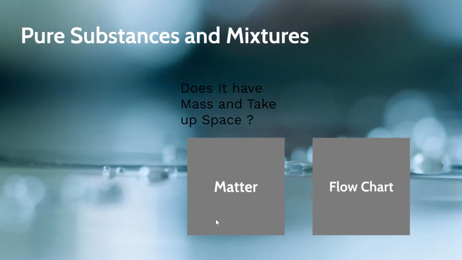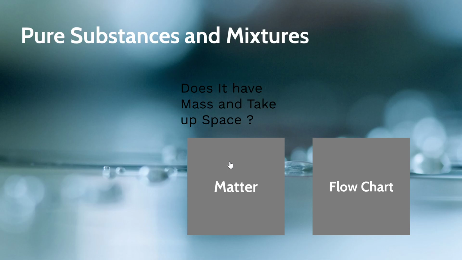Okay, so what we're going to do is go over how to use this flowchart and be able to take an object that we don't know what it is, and use this flowchart to fit it into defined boxes so that we can label it as one of those four different objects.